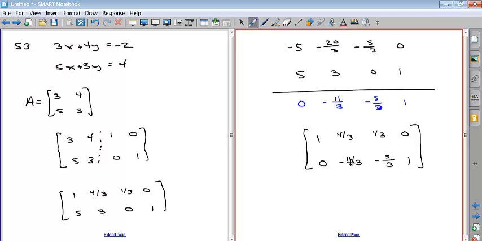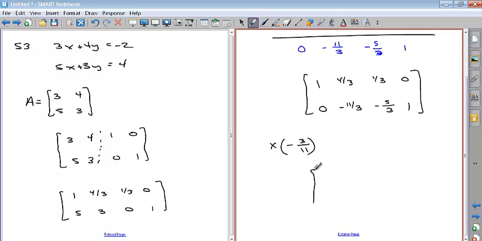Now I need to get a 1 here, so what I would do is I'd multiply everything by -3/11. So if I do that, I'll get 1, 4/3, 1/3, 0. So 0 times this is 0. -11/3 times -3/11 is 1.